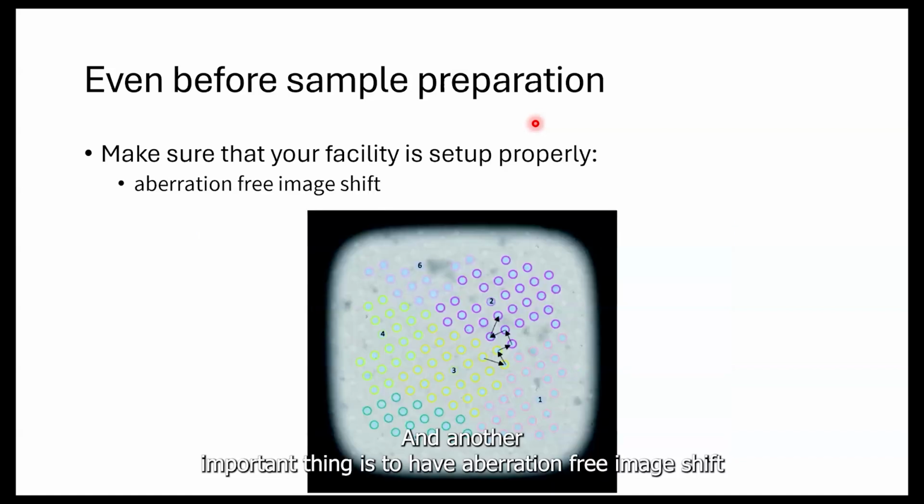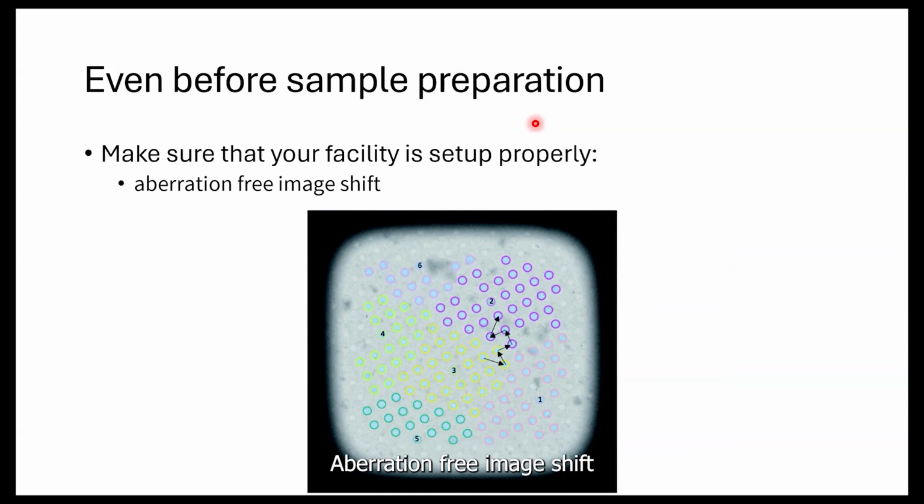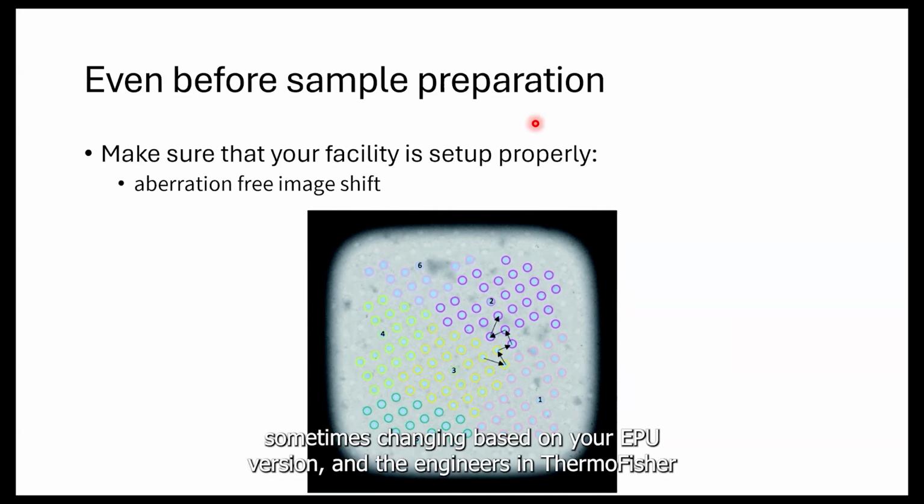And another important thing is to have aberration-free image shift. Aberration-free image shift lets you collect faster data by moving the stage very occasionally. It just moves the stage every time it finishes a cluster of data. It collects the cluster by moving the beam around. The default diameter of AFIS is about 10 microns. This sometimes changes based on your EPU version.